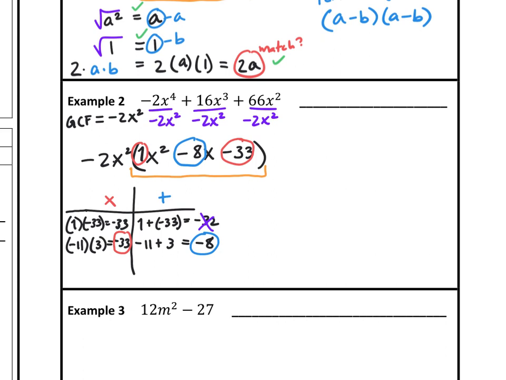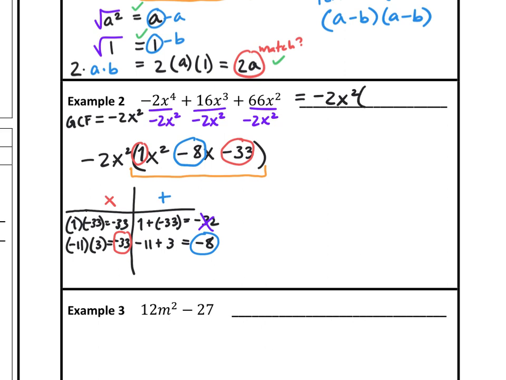So that means that I can, sorry, I keep forgetting to change it back to black. This means that this equals 2. Remember, I'm going to bring the GCF over to my answer. Negative 2x squared was my GCF.